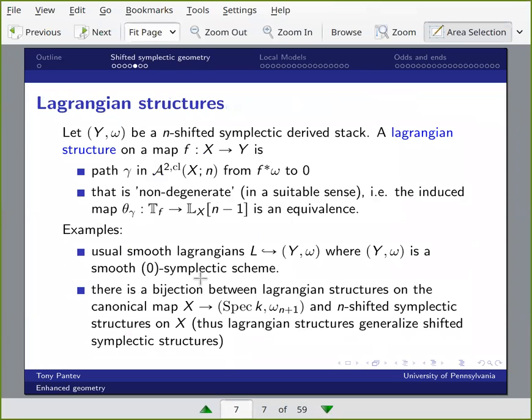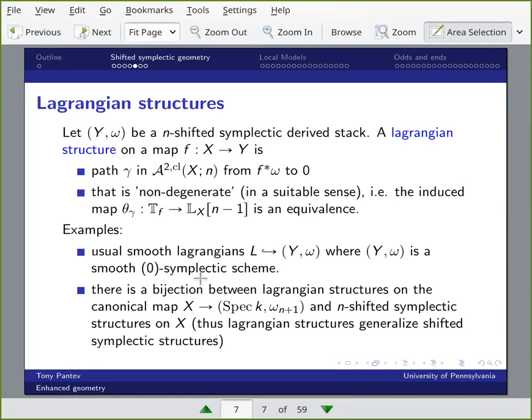Okay, so you can also have constructions of symplectic structures in a different way by doing a Lagrangian intersection. So if you have an n-shifted guy, you can talk about the Lagrangian in it.